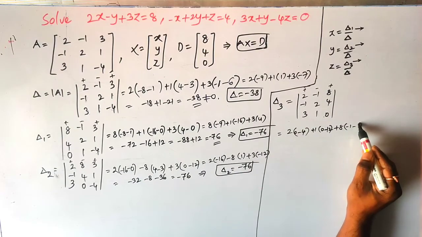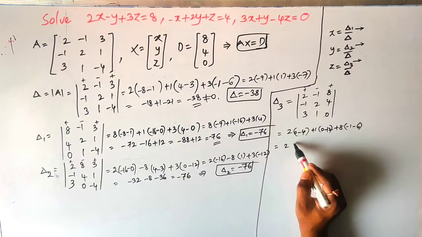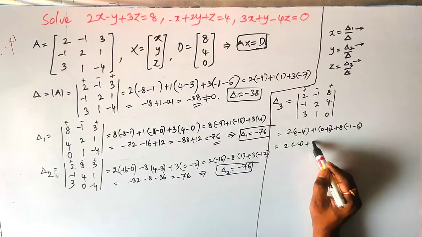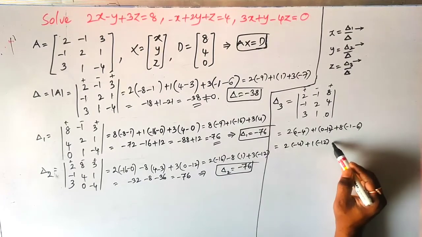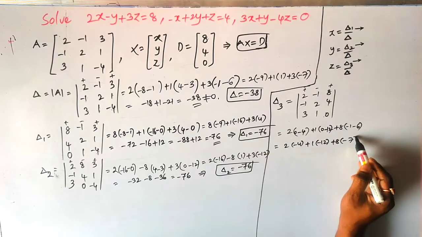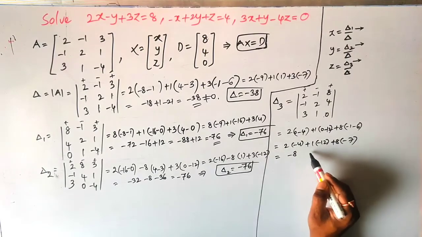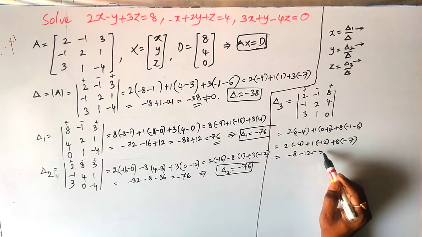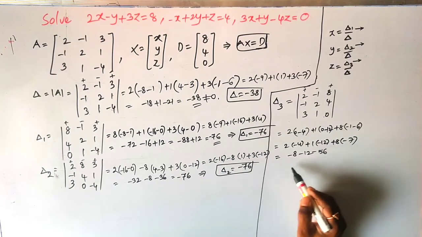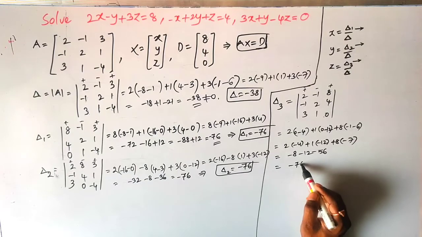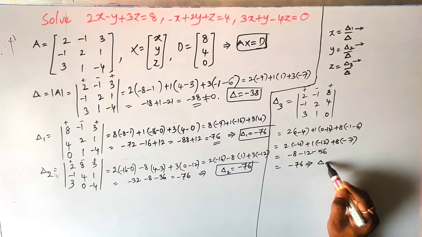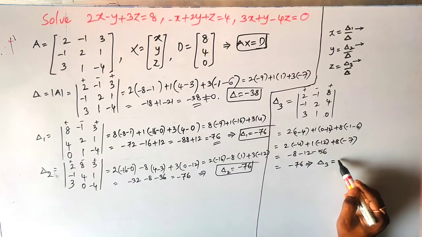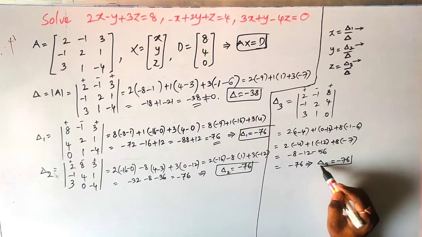Minus 1, minus 3, 6 we get here. So 2 into minus 4, plus 1 into minus 12, plus 8 into minus 7. So what we get here? Minus 8, minus 12, minus 56. So minus 76. That implies delta 3 also same value we got here. That is delta 3 equals minus 76.